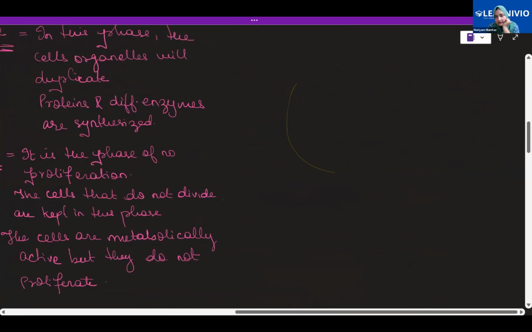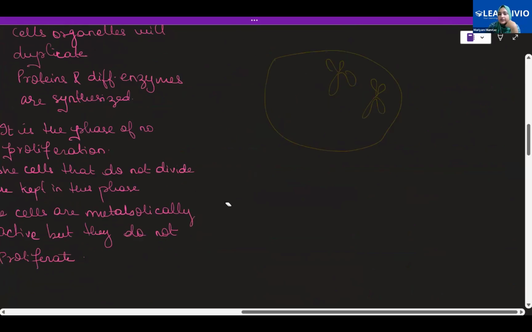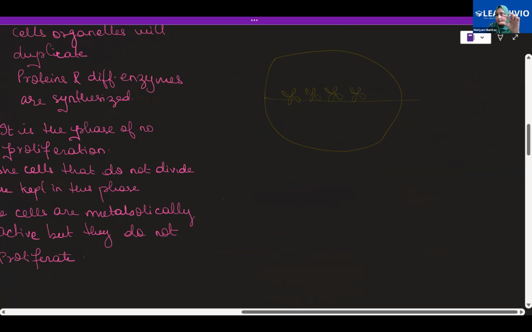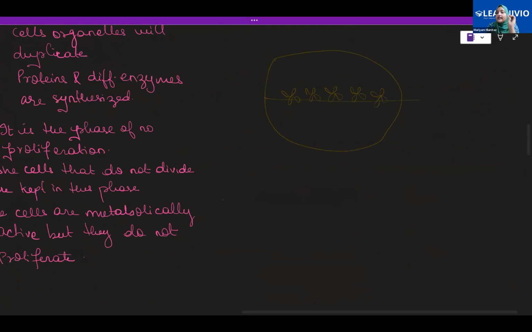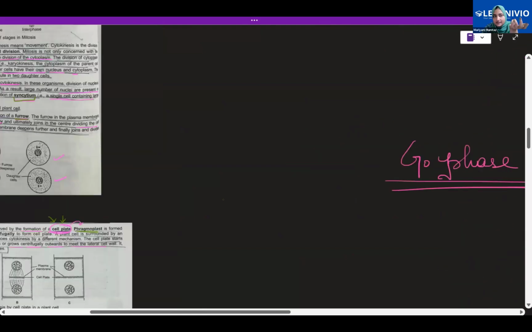For example, if this is the cell and these are the chromosomes, they were randomly present here and there, but as soon as the nuclear envelope disintegrates, all of them are going to align themselves at one plane, and this is the equator of the cell, the center line, okay? What they are forming is the equatorial plate, and we call this the metaphasic plate, which is formed at the metaphase, like the name says.